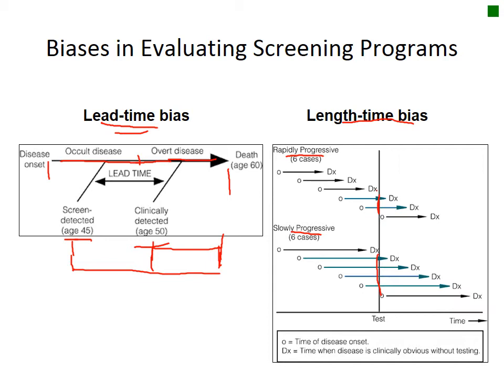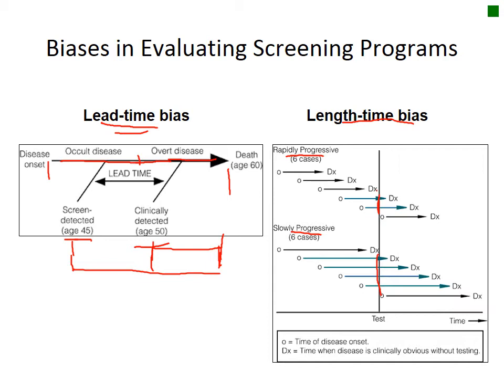So what policymakers who are against screening sometimes say is that, regardless of whether your disease is detected during screening or when it's detected during a health visit, for example, the time of death is going to be the same regardless of the screening or not.